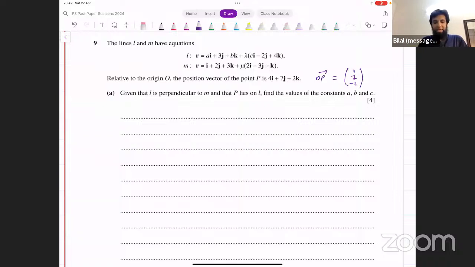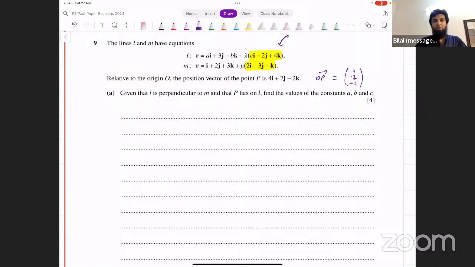Okay, lines L and M are perpendicular to each other. Now if two lines are perpendicular, that means their direction vectors are supposed to be perpendicular, right? Because perpendicular has something to do with the angle of those lines. Angles come from the direction vectors.